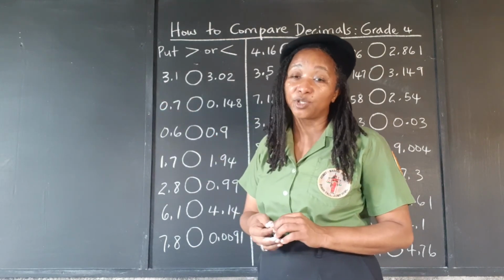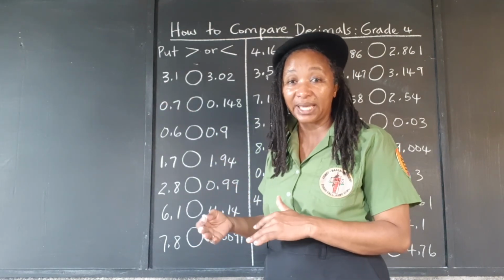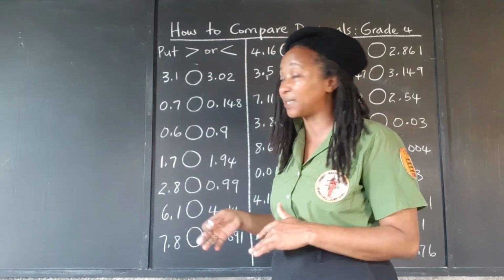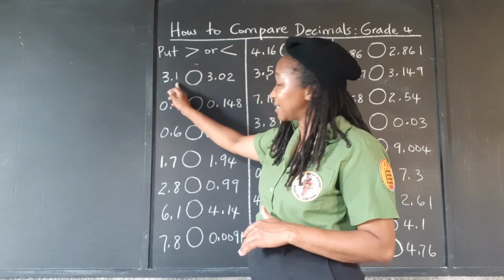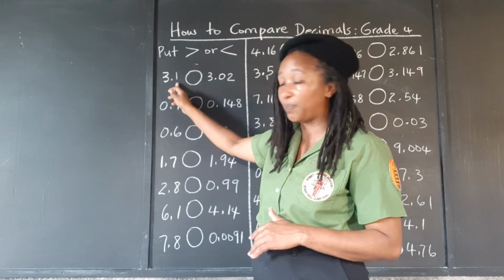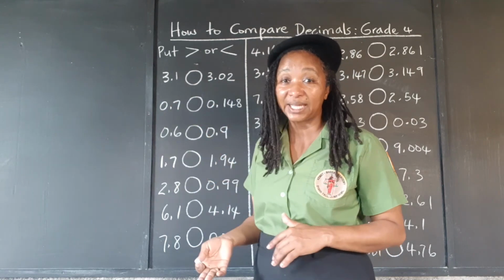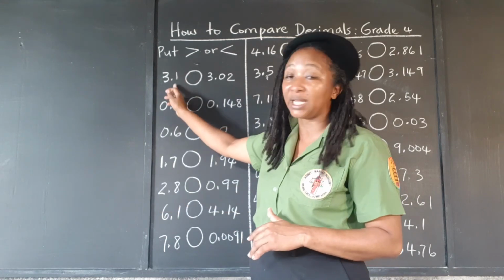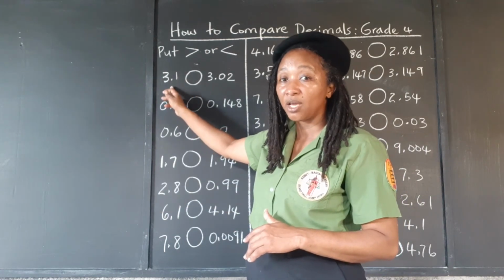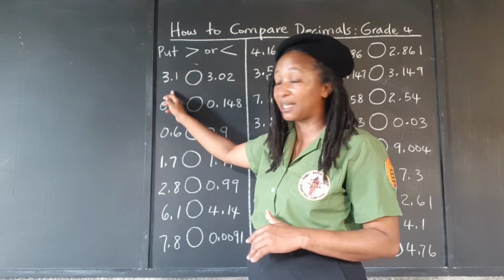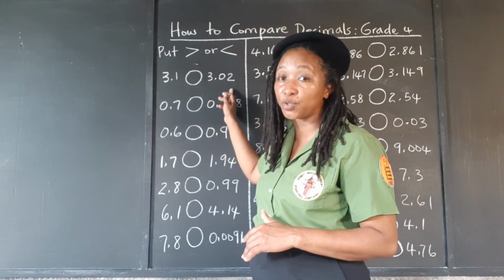That means we have to now go to the 10th place, to the right of the decimal point. This has a 1 in the 10th place. This has a 0. 1 is greater than 0. So this is actually the bigger number. 3.1 is greater than 3.02.